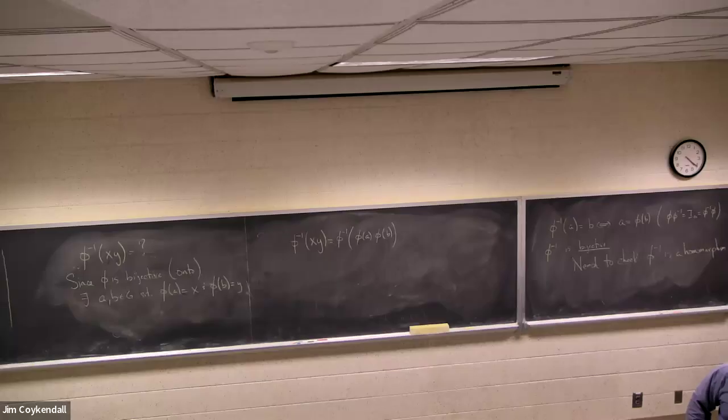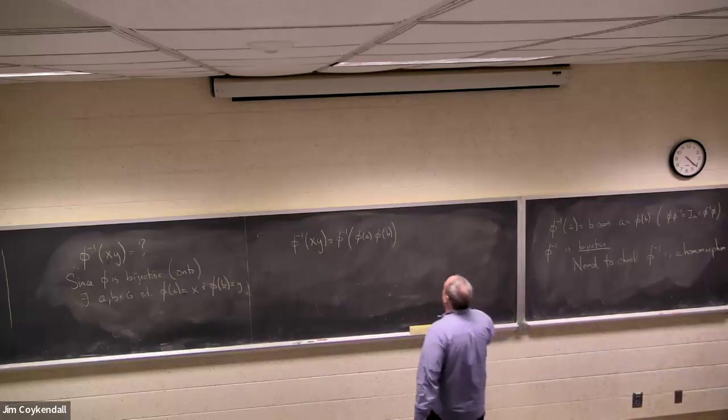All I did is I replaced X by what it is, it's phi of A. Replace Y by what it is, it's phi of B. Any ideas on how I might be able to move forward? You guys see anything I can do to manipulate, maybe what's inside the parentheses now? There you go. I don't know phi inverse is a homomorphism, but I do know phi is, right? And that's the ticket right there.